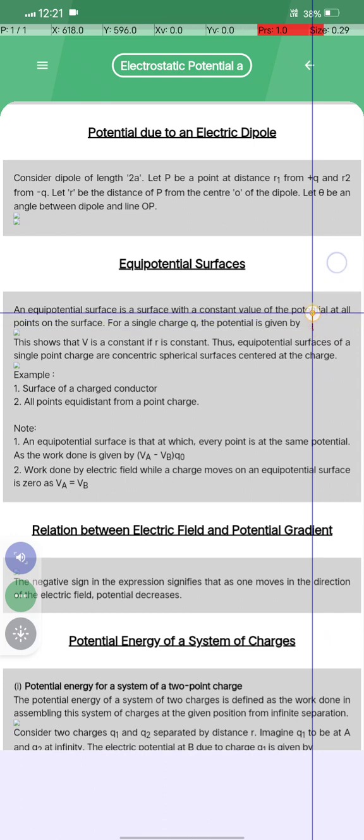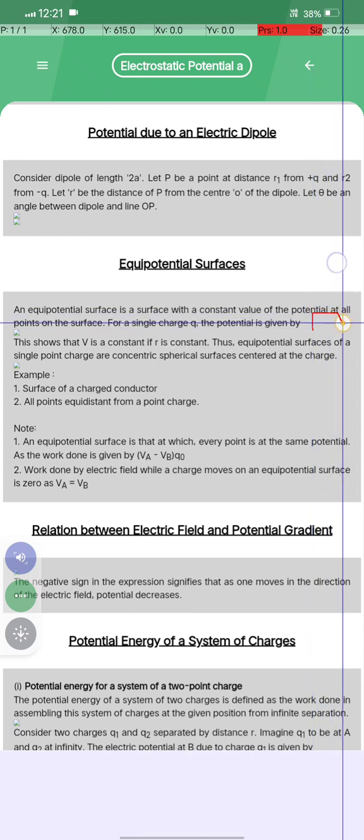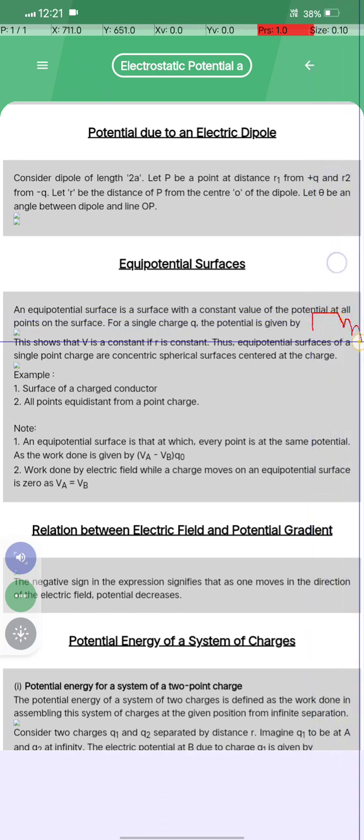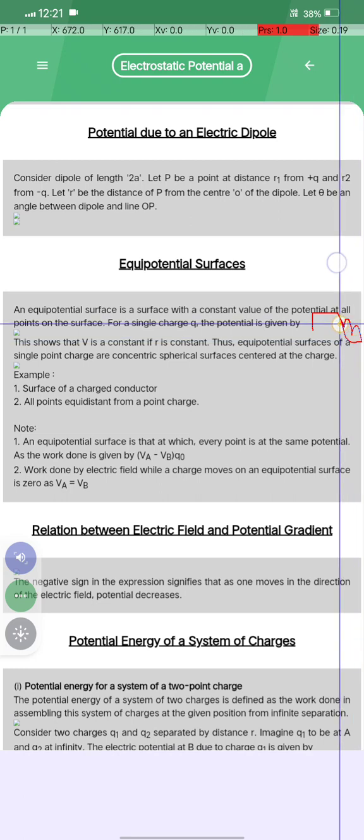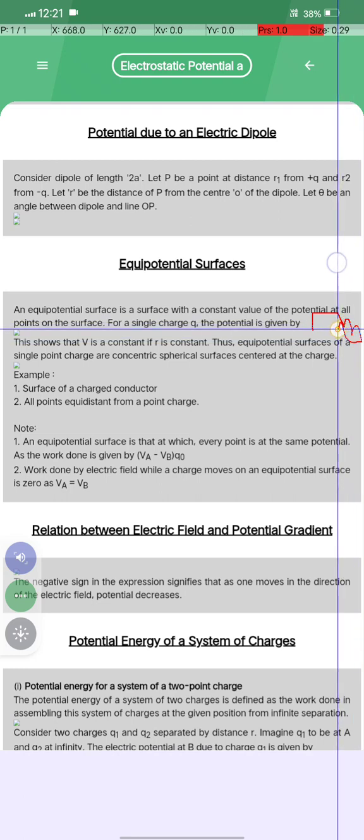An equipotential surface is a surface with a constant value of the potential at all points on the surface. For a single charge Q, the potential is given by the expression. This shows that V is a constant if R is a constant.